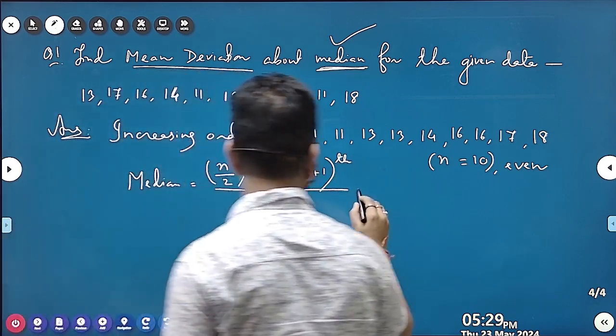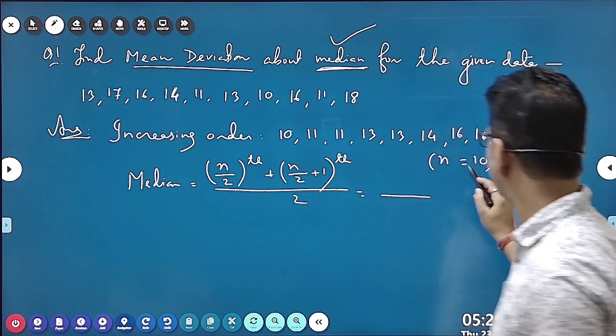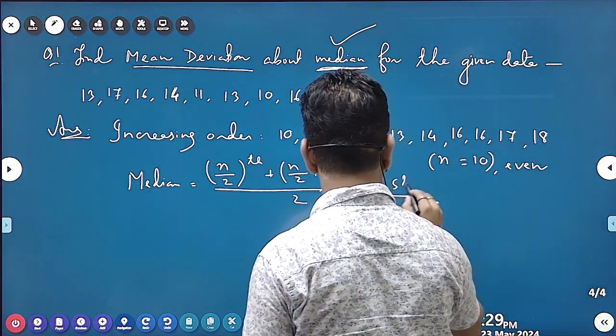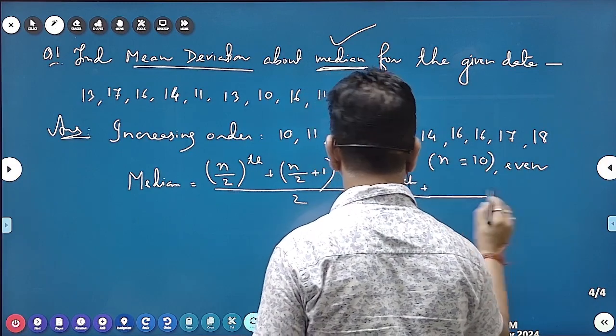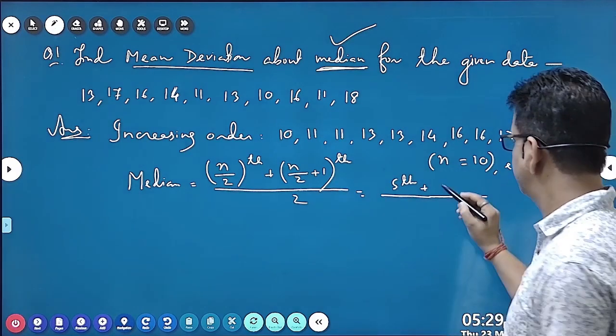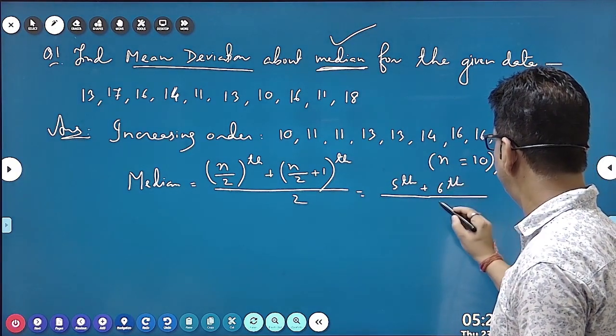Here n is 10, so the fifth observation plus the sixth, divided by 2.